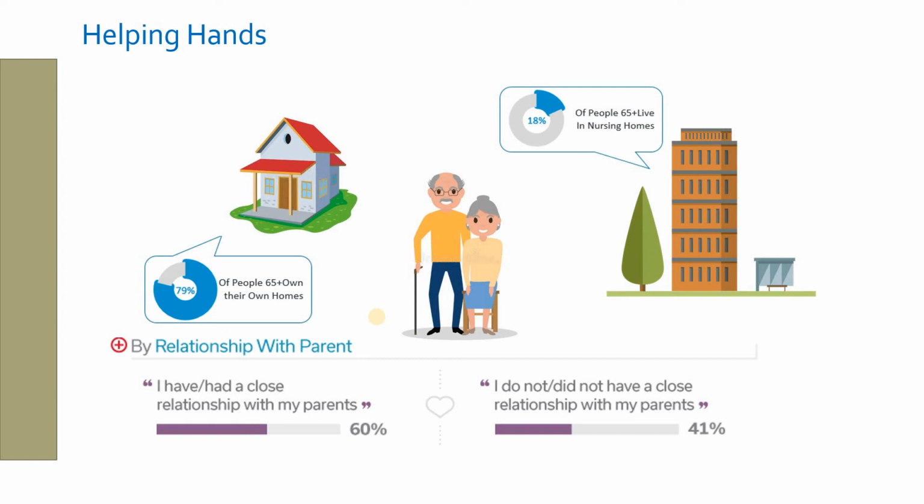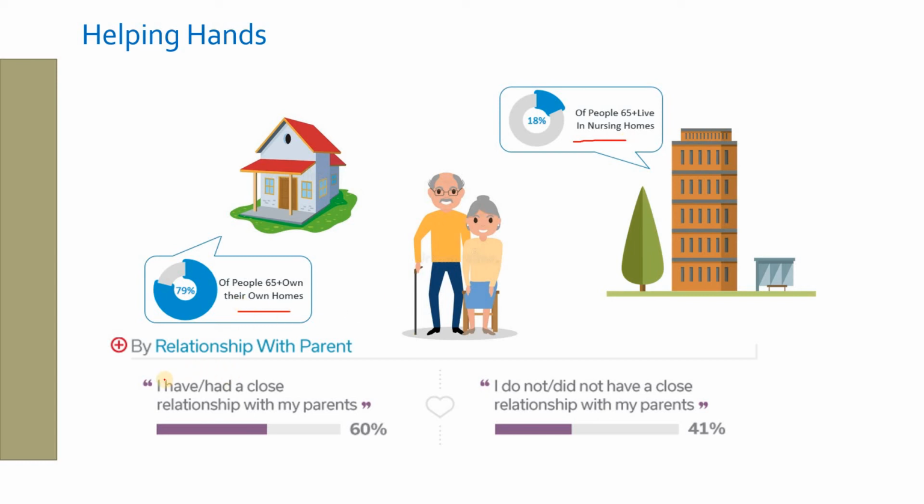This is a survey. First they put one old lady with some grandparents here, and they show that 79% of people aged 65 plus own their own homes, and 18% of people aged 65 plus live in nursing homes.